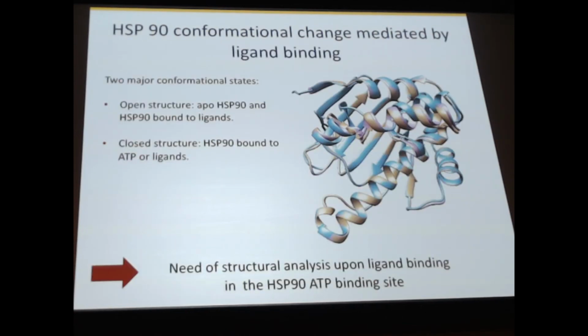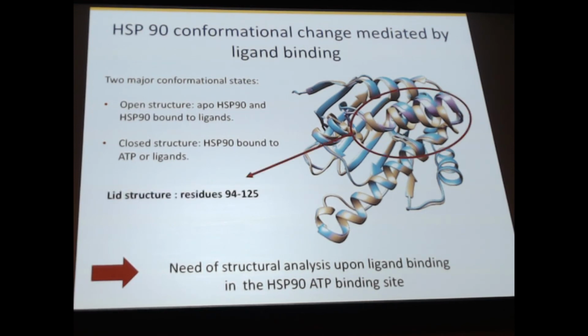So the HSP90 APO structure adopts an open conformation. The binding of ATP will induce this conformational transition to a closed conformation. And these changes happen in the sequence of residues 94 to 125, known as the lid structure.